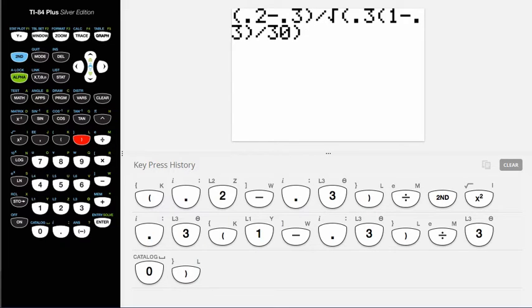I could have also used times 0.7 instead of 1 minus 0.3.